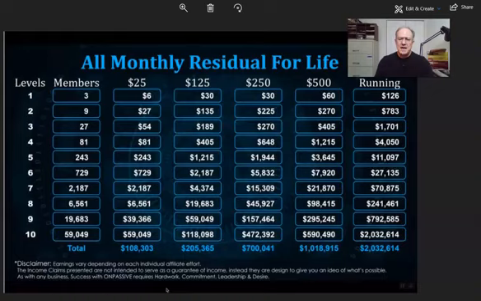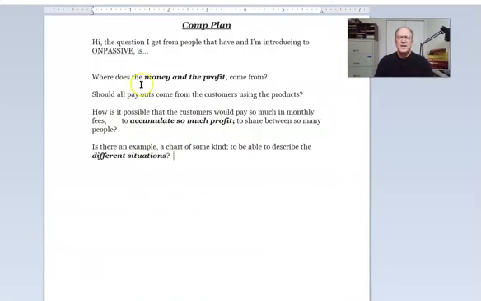So that's how the money and the profits are coming in. We are all coming into Onpassive as customers, picking a membership level with a product package, and paying for those products. That's how the money will come into Onpassive, that's how the profits will be in Onpassive, and that's how we will be paid.